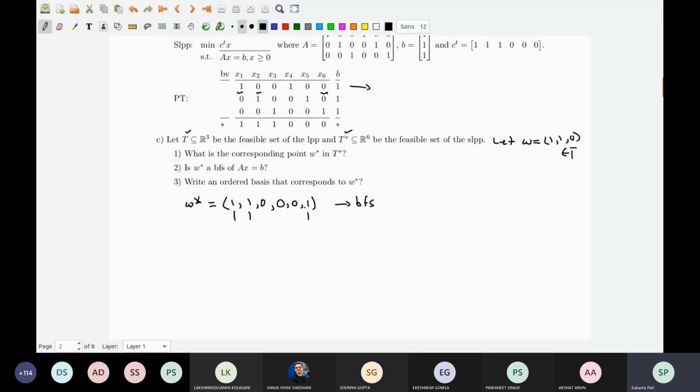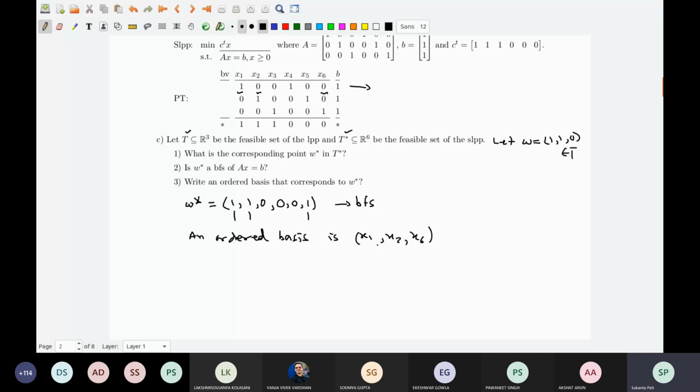Here an ordered basis is, for example, x1, x2, x6. You have to take these 3 definitely because they have positive entries. Whatever has positive entries, you have to take them.